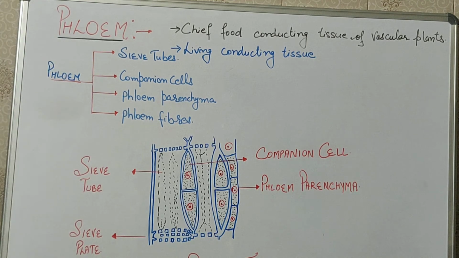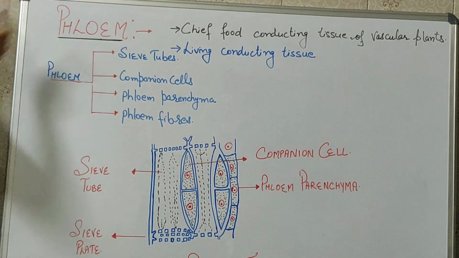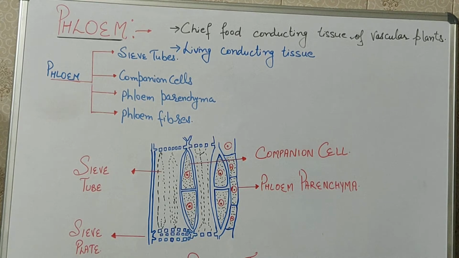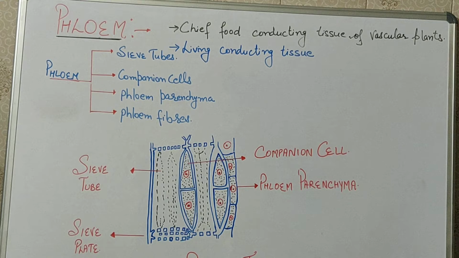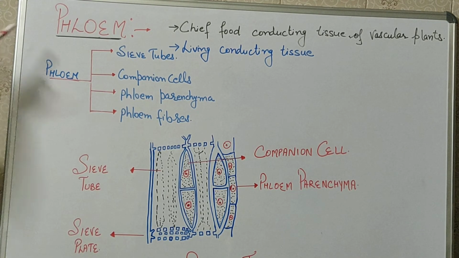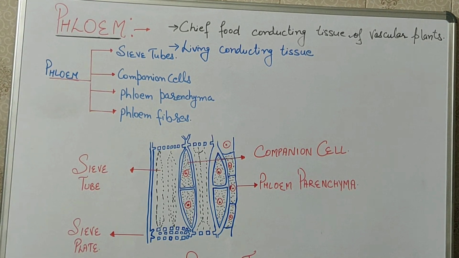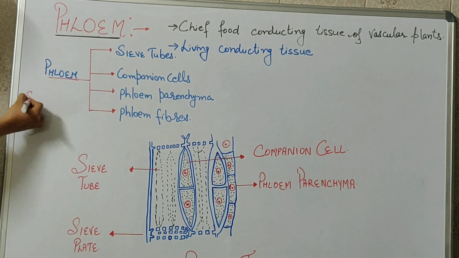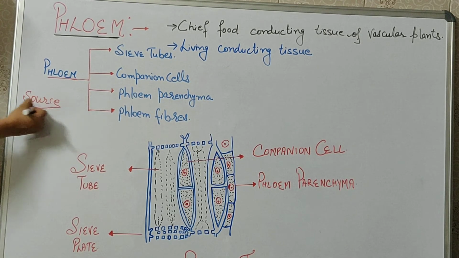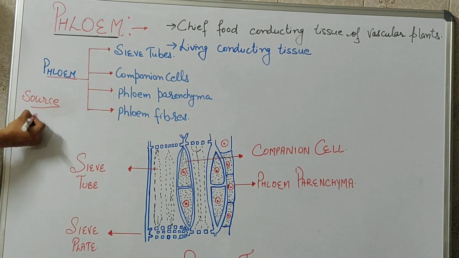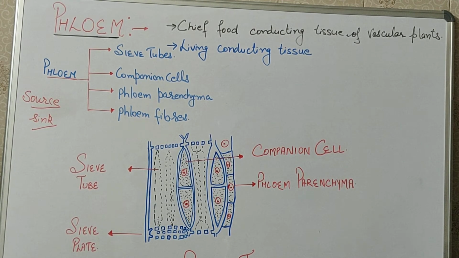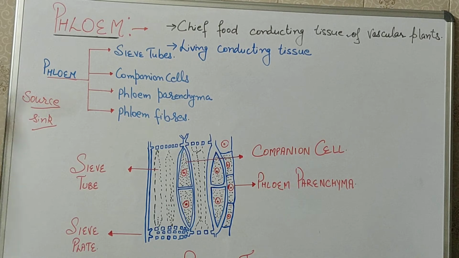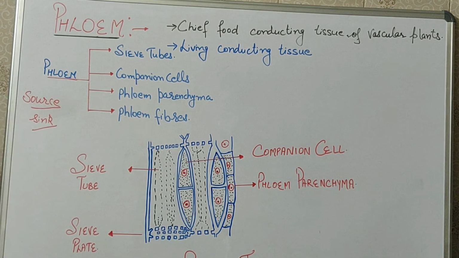Thus, in simple words, it is the chief food conducting tissue of vascular plants, and it transports food from the region where it is synthesized, called the source, to the region where it is required, called the sink. Sources in plants are leaves where food is synthesized, and sinks are various growing organs which require food. Thus, food is transferred in plants from source to sink.